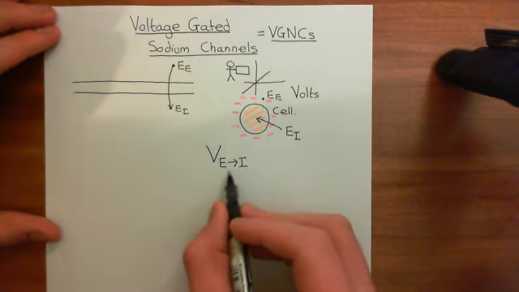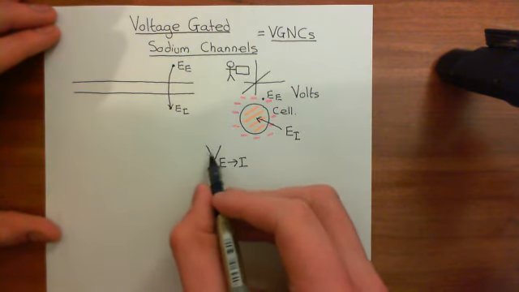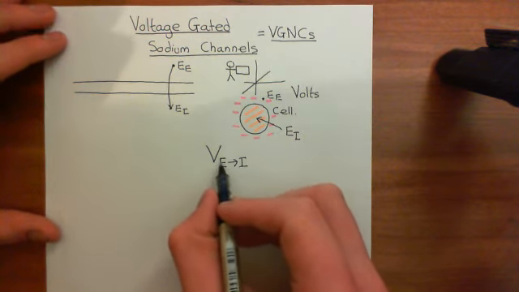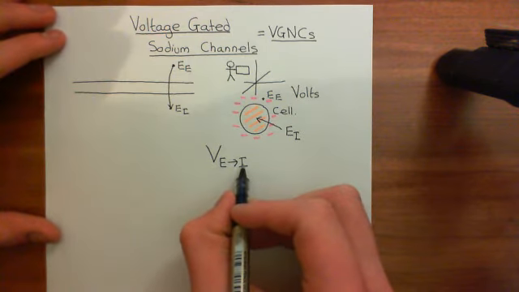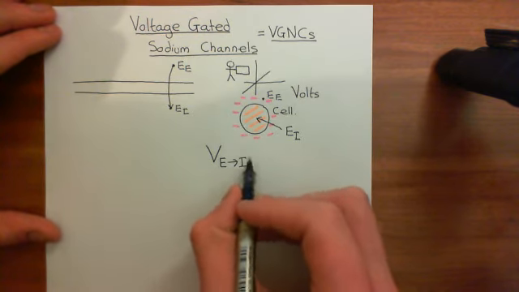So people will often just say the electrical potential difference across the cell membrane, or the voltage across the cell membrane, or the resting membrane potential. All of these things, strictly speaking, should be called the electrical potential difference from extracellular to intracellular, but people assume that you understand the direction in which we're going.